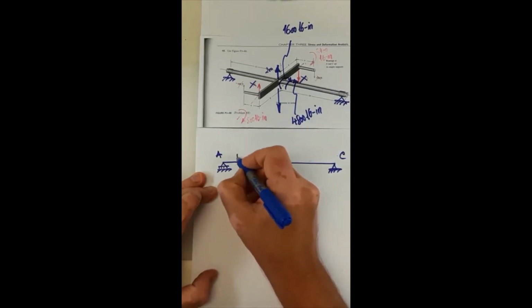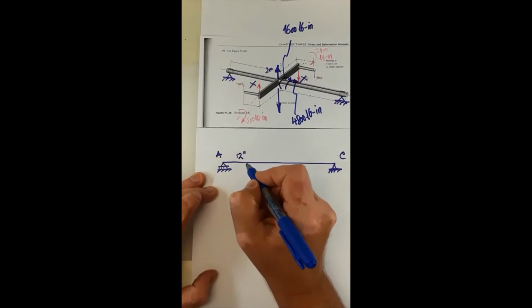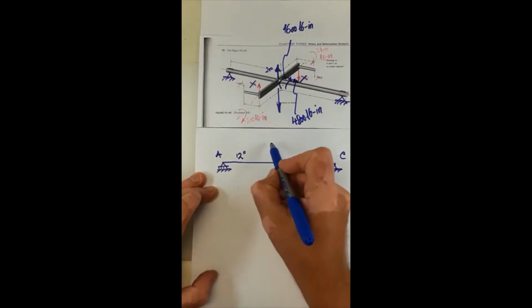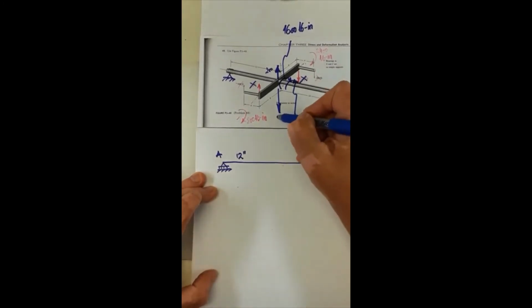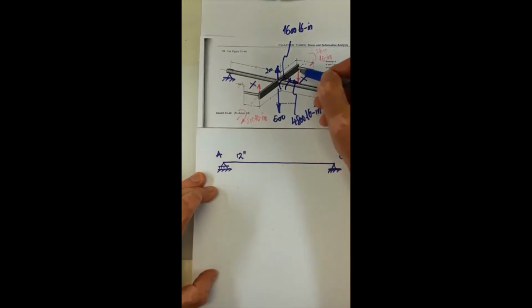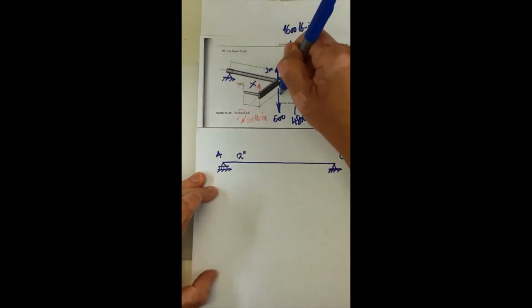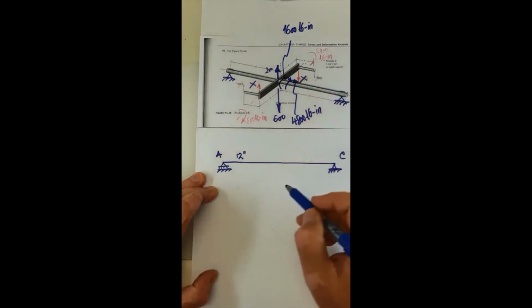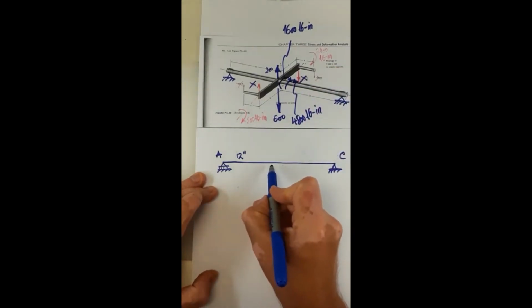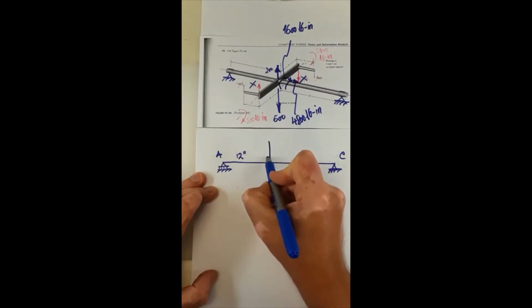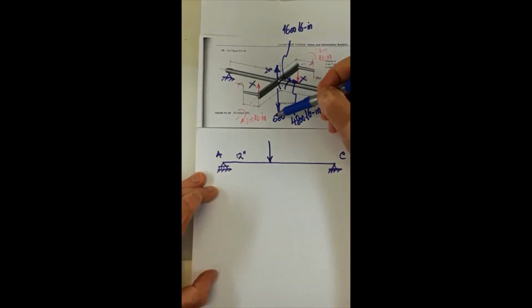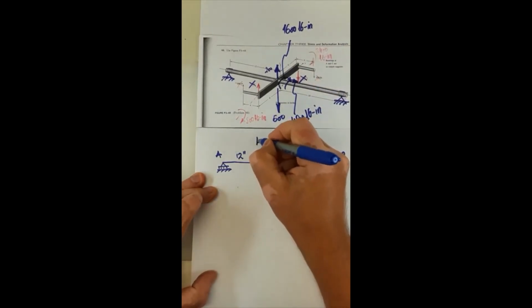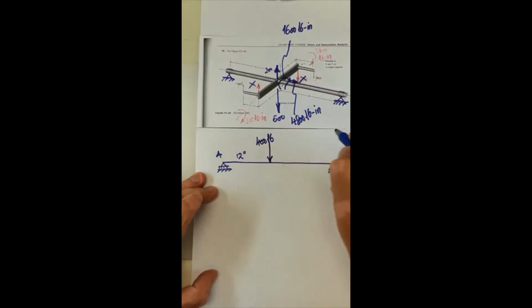There is 12 inches, and then I have, so remember this was 600, I should have labeled it. The 600 down force was moved here, and I had to introduce the torsion. So there will be a resultant down force of 600 minus 200, that's 400 pounds.